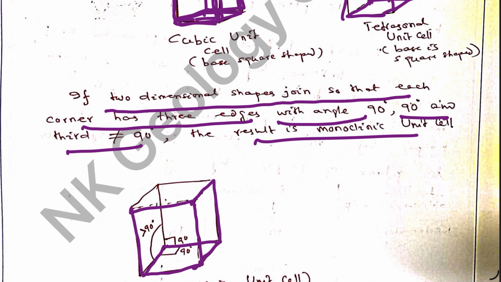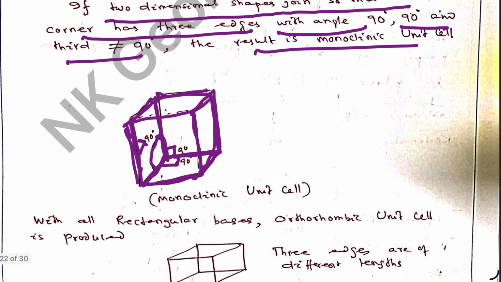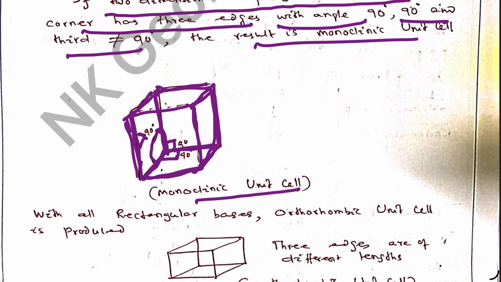But if we consider the angle, here the angle is 90 degrees, here the angle is 90, but this angle is not 90 degrees, it is greater than 90 degrees. That means this is not a rectangular mesh. This is not a rectangular mesh, but this is a rectangular mesh, this is a rectangular mesh. If this type of arrangement is there, it will produce a monoclinic unit cell.